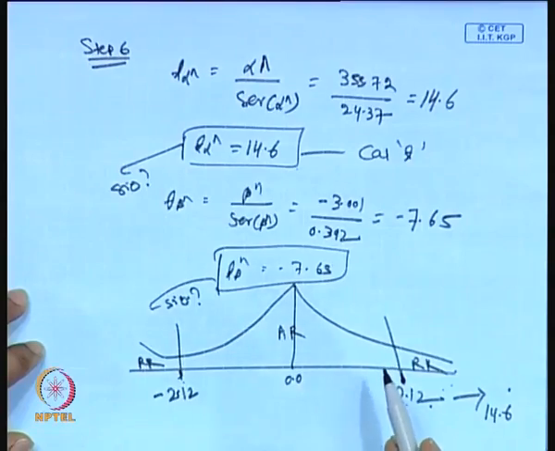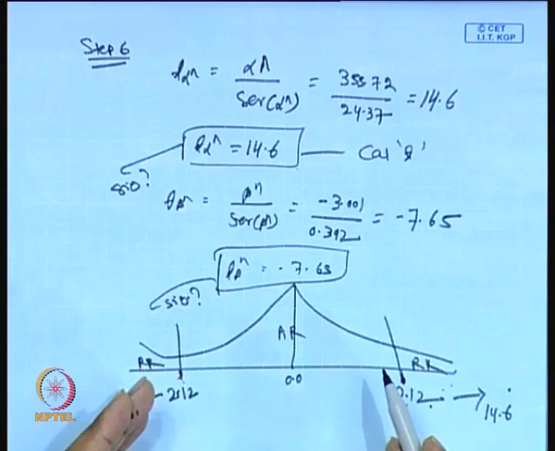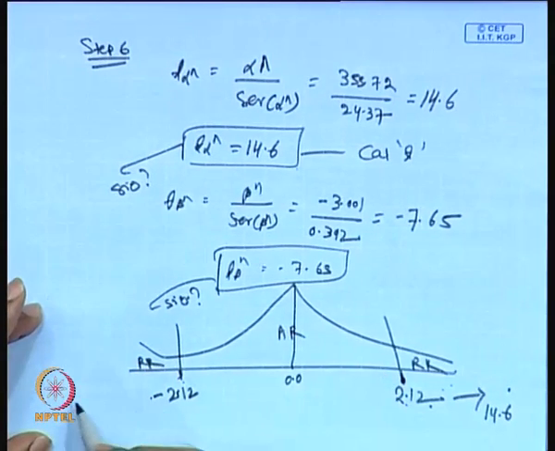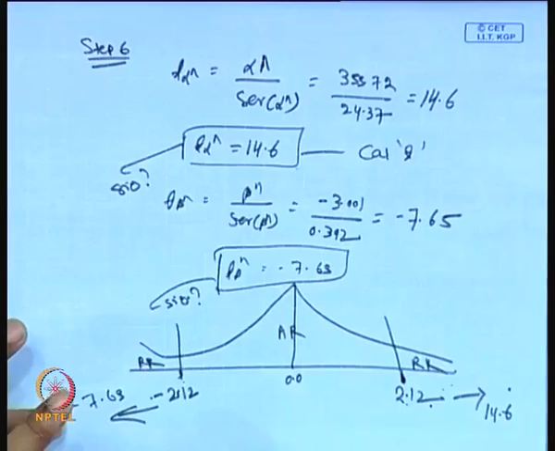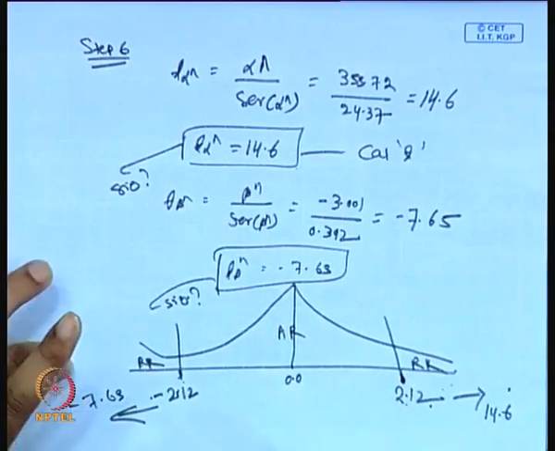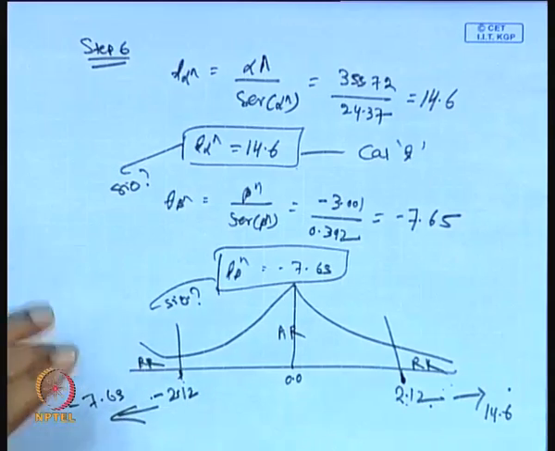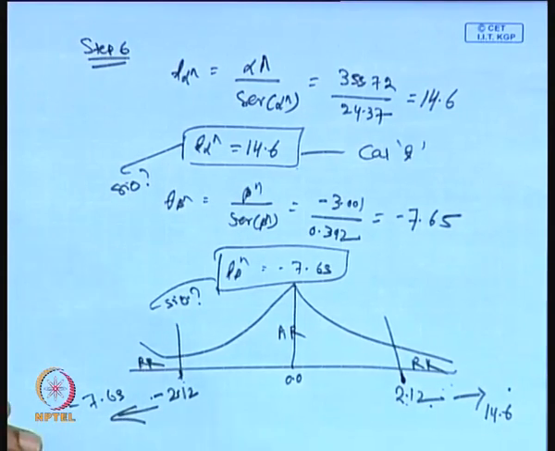All right. Now minus 7.65 will be coming on this side, the left side. So, this is again the rejection region, and we have to reject the null hypothesis here. The moment we reject the null hypothesis, we conclude that this particular item cannot be 0, it is statistically significant.